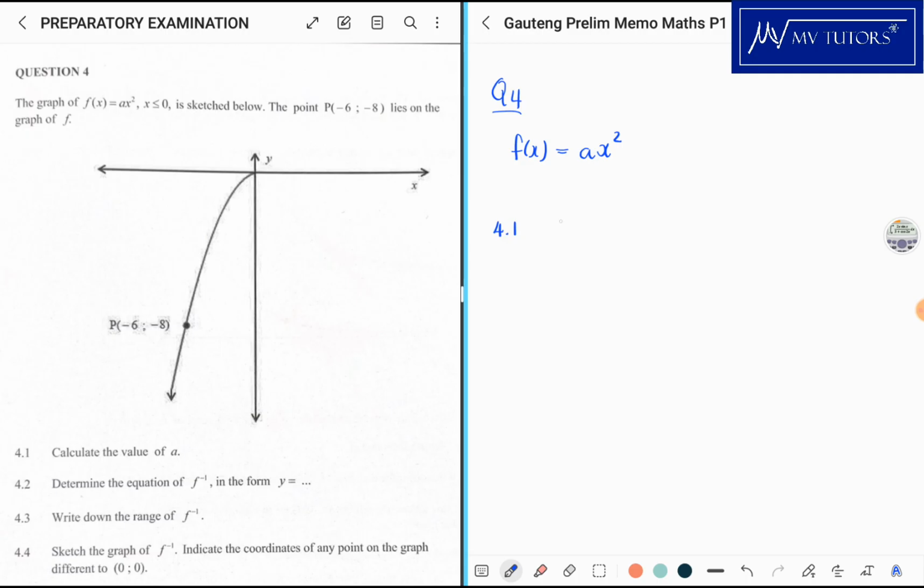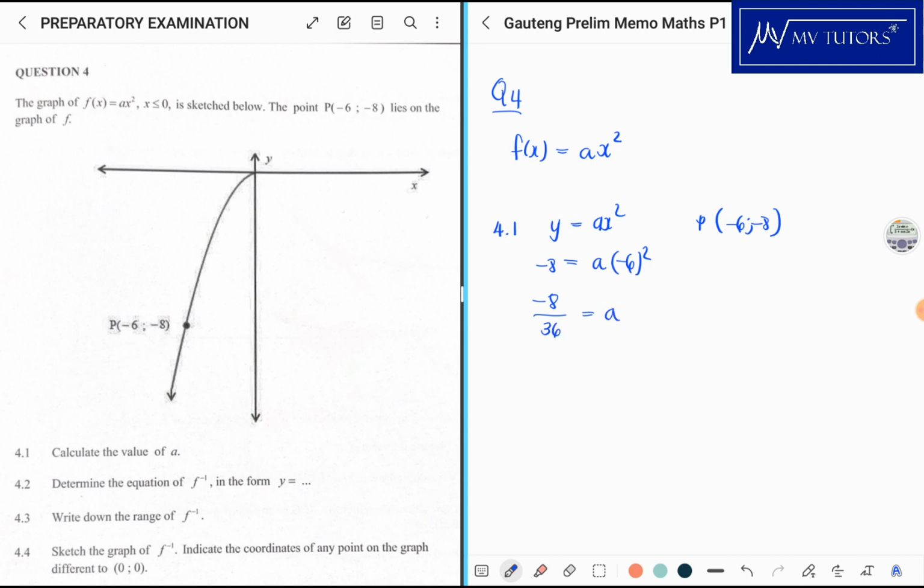Yeah, so in this case, I'm just going to use y is equal to ax squared. And I'm going to look at my point, which is minus 6, minus 8. Then I will substitute it so that a is my only unknown. So I have minus 8 equals a times minus 6 squared. So minus 8 divided by minus 6 squared, which is basically 36, is a.